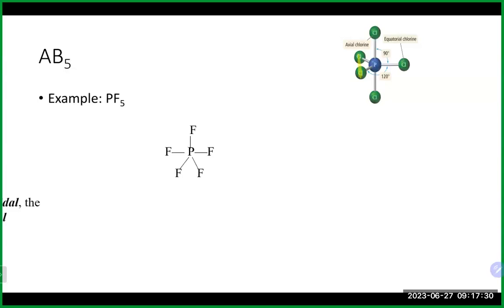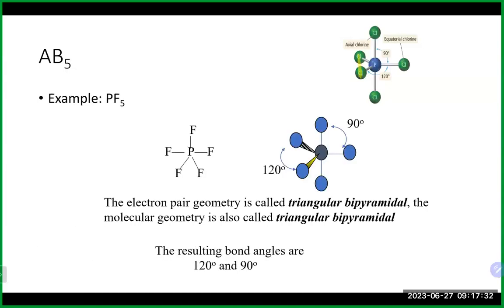And this is an example of something with 5 atoms attached here. And that's PF5. Number of electron pairs around the central atom, we have 1 electron pair, 2, 3, 4, and 5 electron pairs. Also has 5 bonds happening here. And this obviously is an expanded octet.